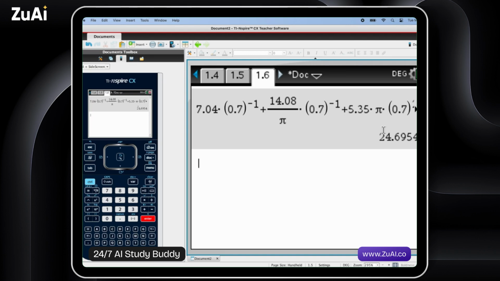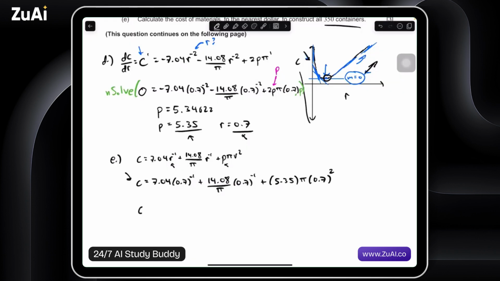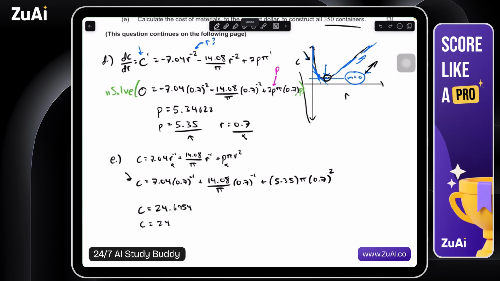Let's write that out. Go back to the document here. Cost is equal to 24.6954. Cost is equal to $24.7. So $24.7 for one cylinder. And actually, let's keep all of our digits just because we haven't reached the final answer yet.